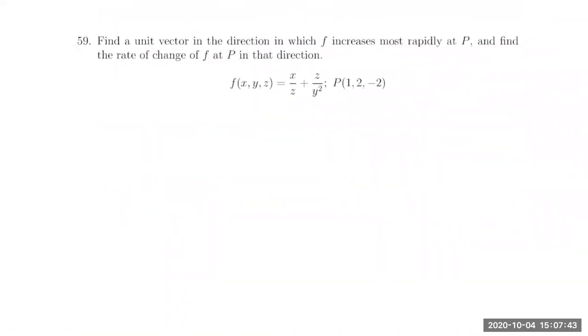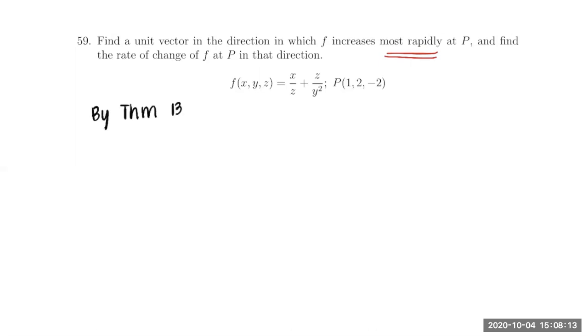So let's finish this section with a final example here. This is 59 from the text. Find a unit vector in the direction in which f increases most rapidly at p and find the rate of change of f in that direction. All right, so we're looking for how it increases most rapidly. So by the previous theorem, we know that that's going to happen in the direction of the gradient. So let's note that.